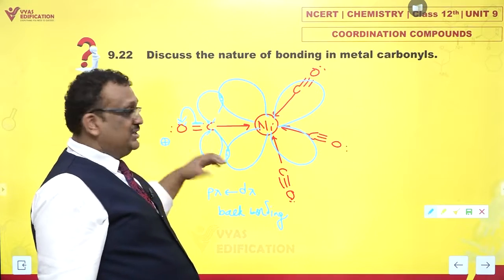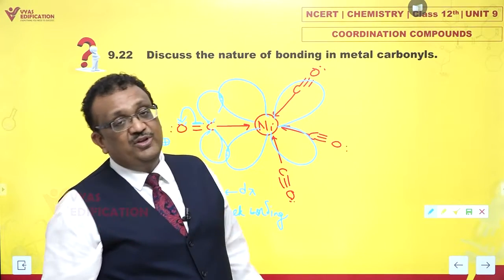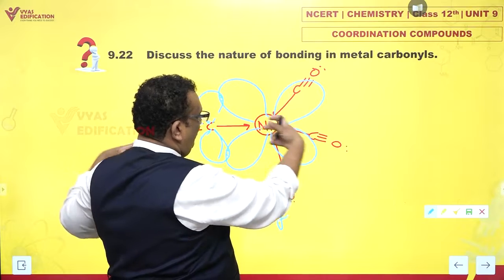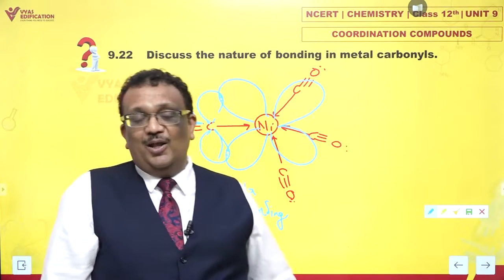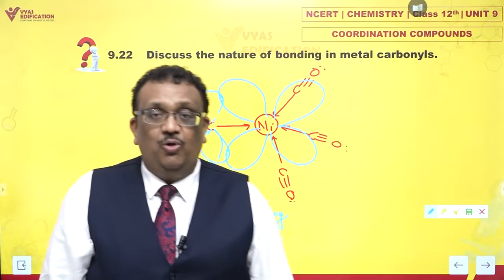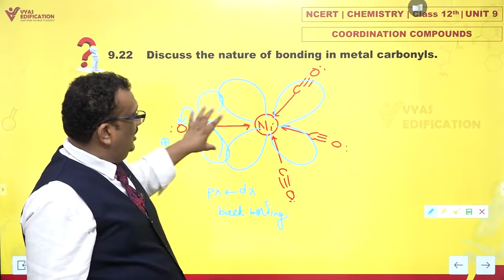And this doesn't happen only with one, 2, 3, 4, it happens with all. Because of that, some electron density from nickel is taken away by carbon monoxide, and nickel becomes very relieved and very happy. And the bonds with nickel also become stronger, because instead of just one sigma bond, you now also have a pi bond.